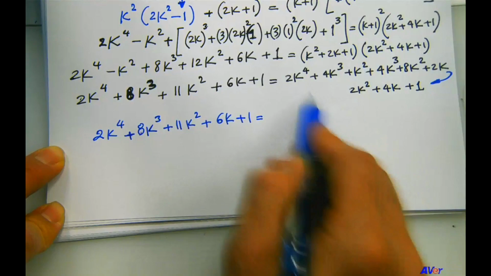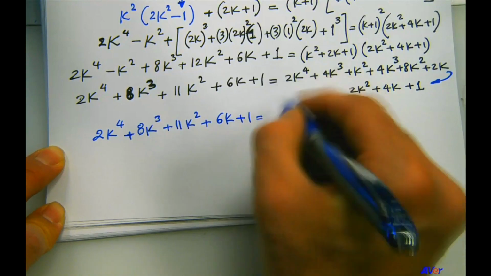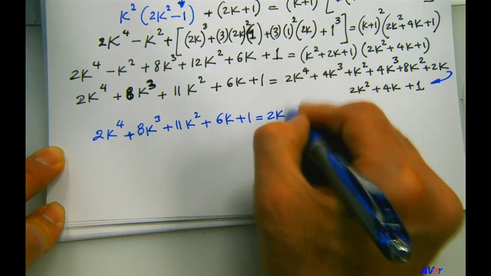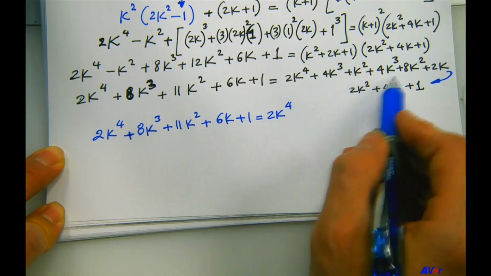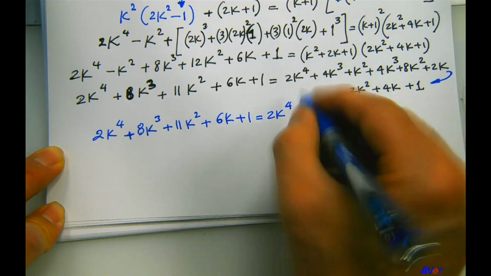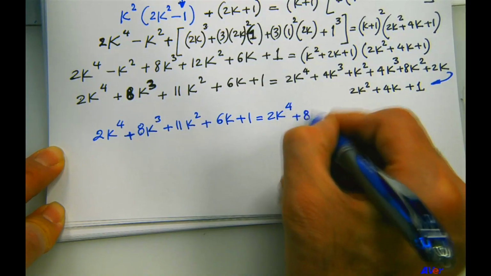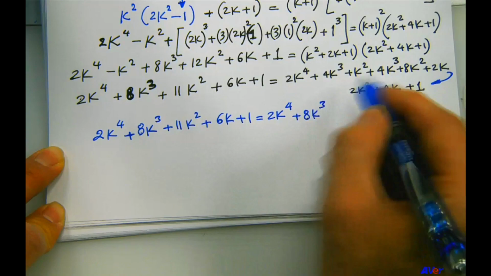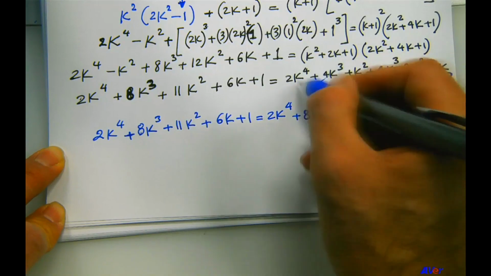So 2k to the 4th is the only k to the 4th term we have, 2k to the 4th. How about cubed? 4k cubed plus 4k cubed, that'll give us 8k cubed, right? So we have those taken care of.